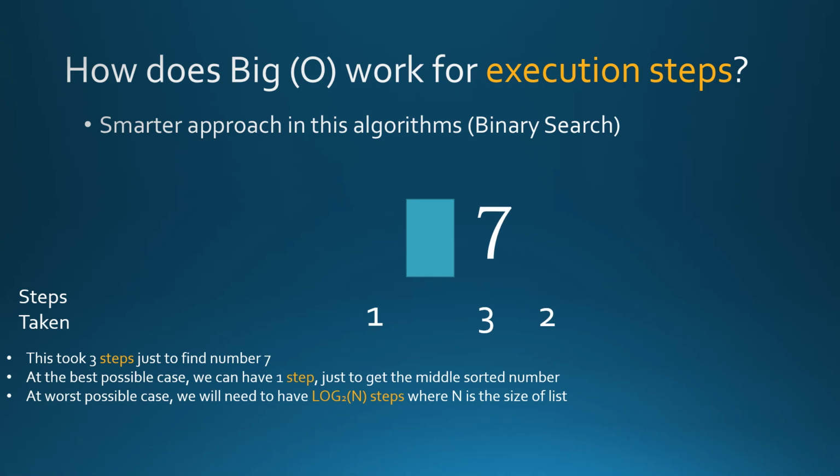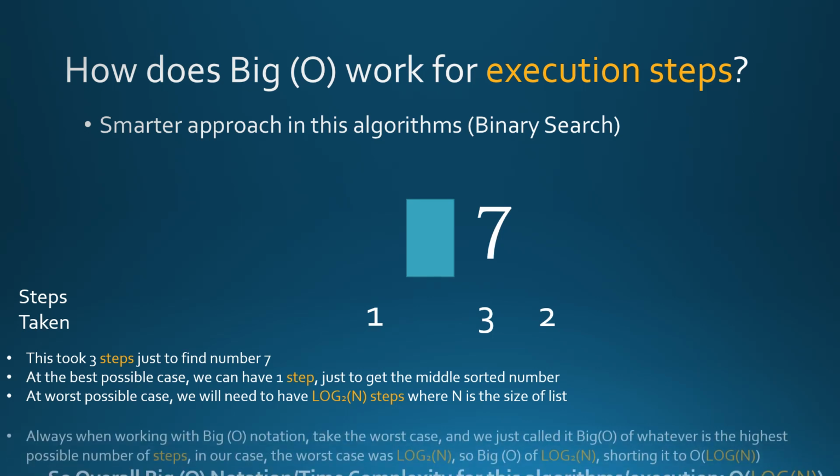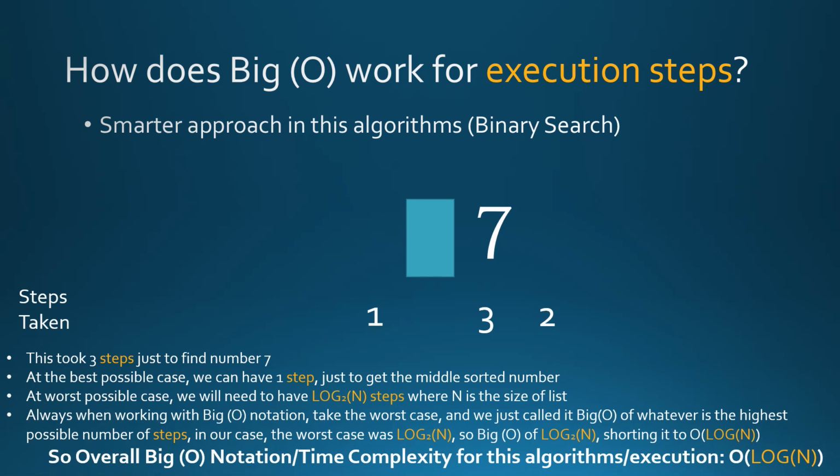And if we wanted to calculate the big O notation for this algorithm, we take the worst possible case, and that worst case is log of n. Log base 2 of n is big O of log n, and we shorten it to O, open bracket, log n, close bracket.